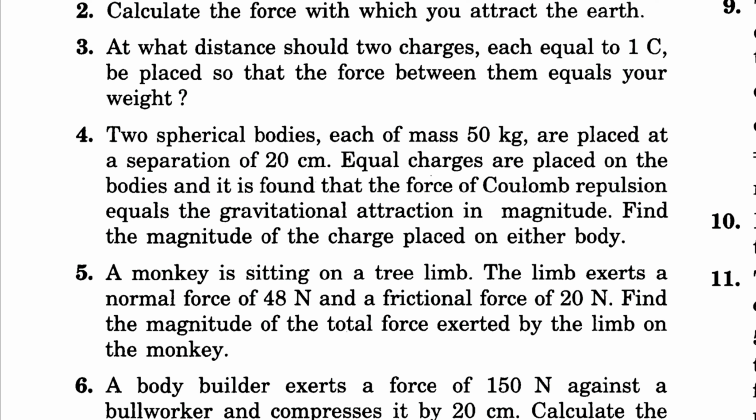So there are two forces. Gravity is trying to move them close together, and the repulsion due to Coulomb's electric force is trying to move them apart. So we have to find the magnitude of the charge placed on either body if the force of repulsion due to Coulomb's force and the force of attraction due to gravity are equal.